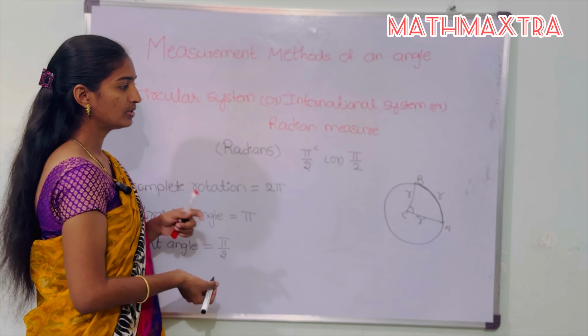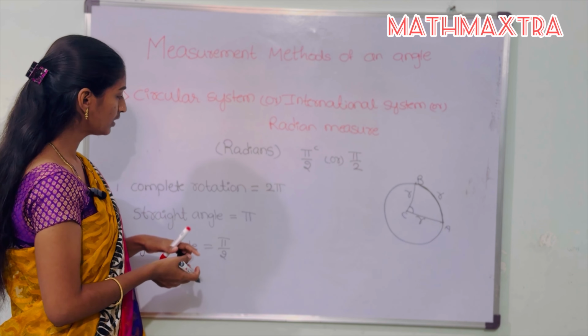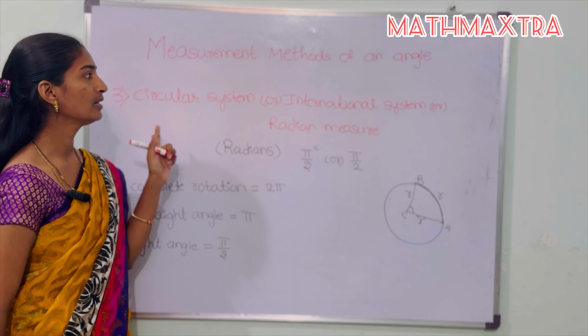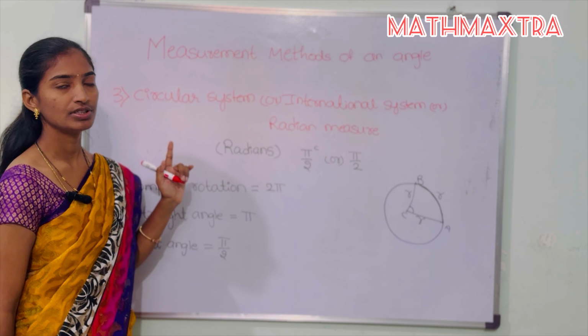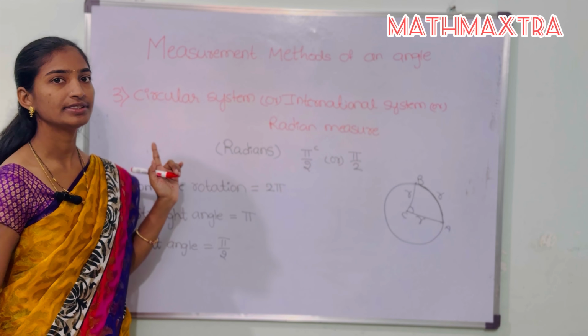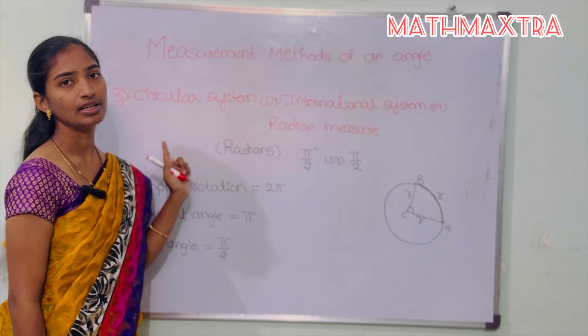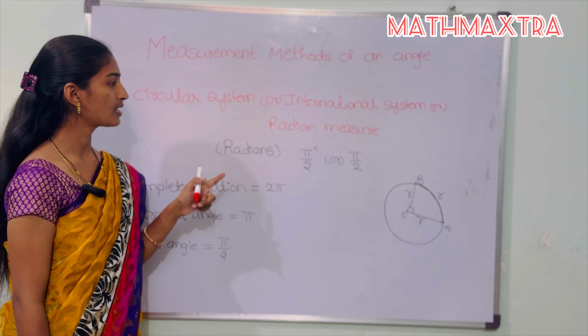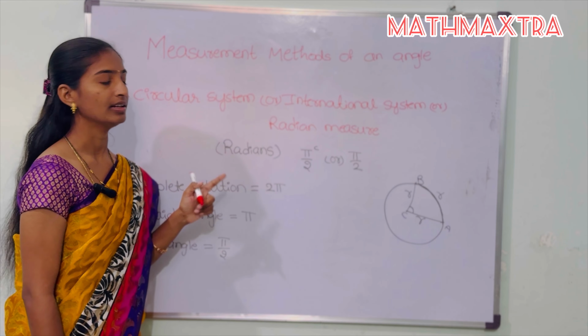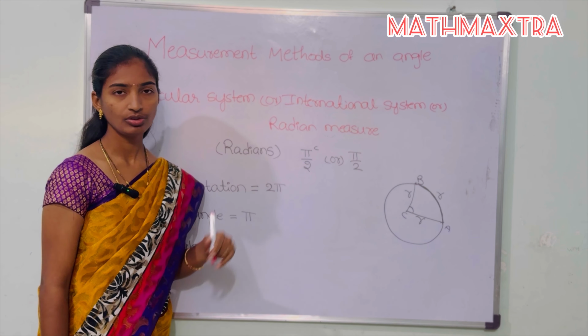Okay, so this is how we explained the three systems. The first one is the sexagesimal system, the second one is the centesimal system, and the third one is the circular system. So this is how we measure the angle in three different units.